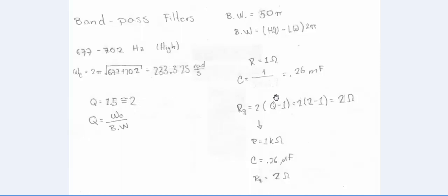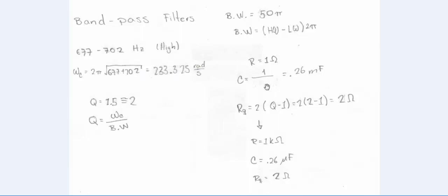So for a resistance that is 1, we have that the formula it's the same capacitance 1 over, in this case it doesn't see, but it's this frequency, the cutoff frequency.